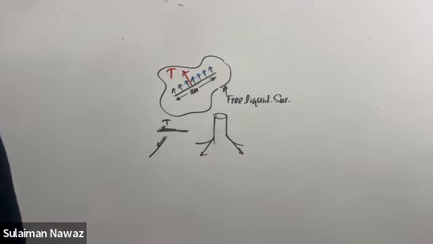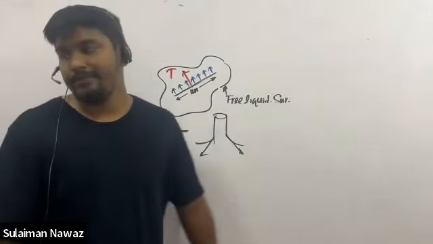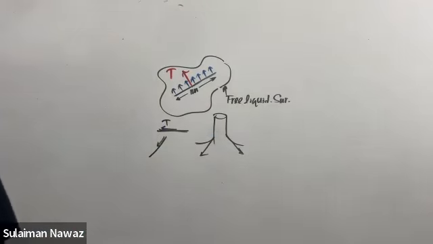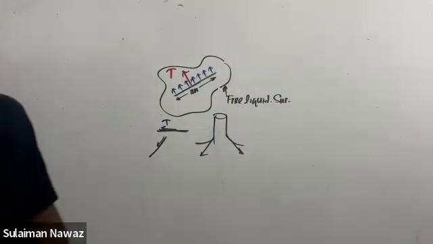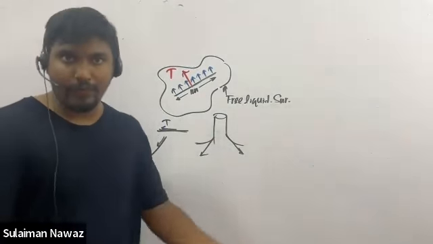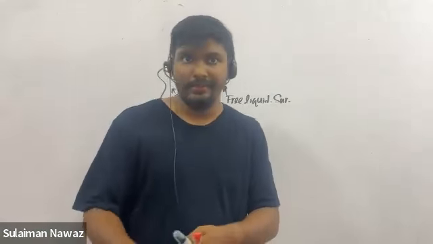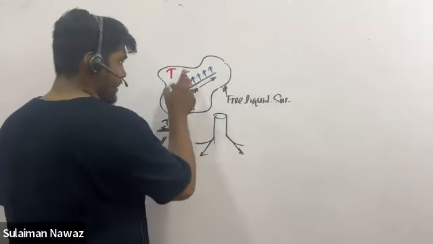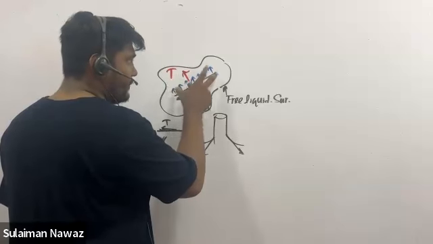Then what is the unit of the coefficient of surface tension? The resultant force per unit length, because the idea is resultant tension force per unit length.